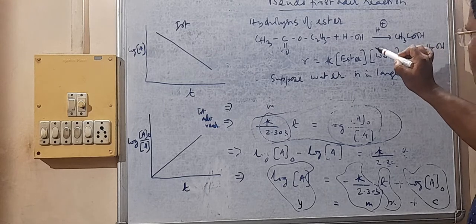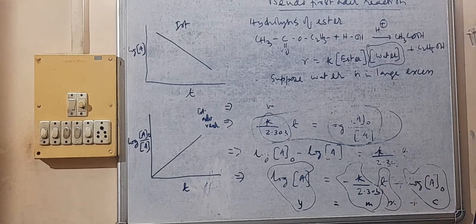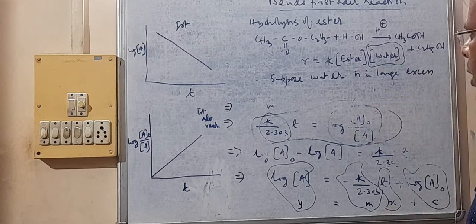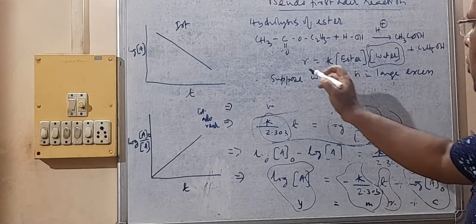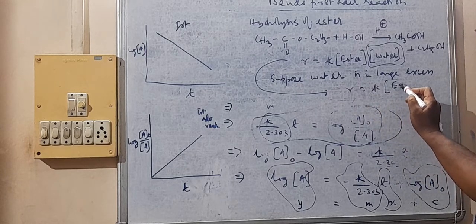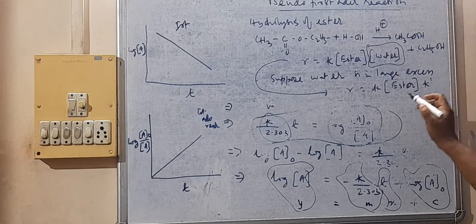Then we can take the concentration of water to be constant. It will become constant because since water we have taken in large excess, there won't be any change in the amount of water. There won't be any decrease in the amount of water. So this equation then becomes R equal to K[ester]. Let the concentration of water, which is constant, be K prime.